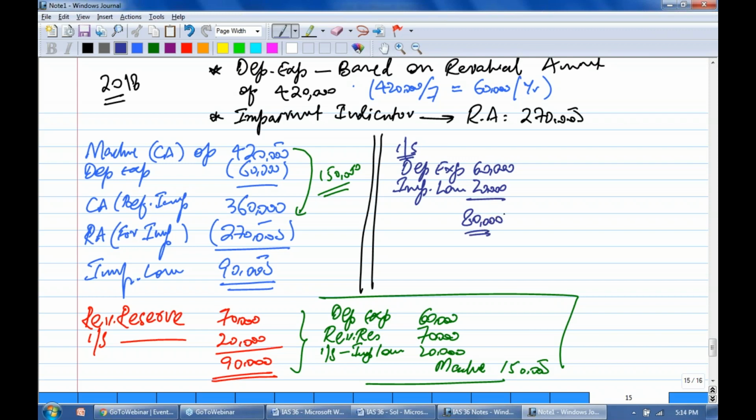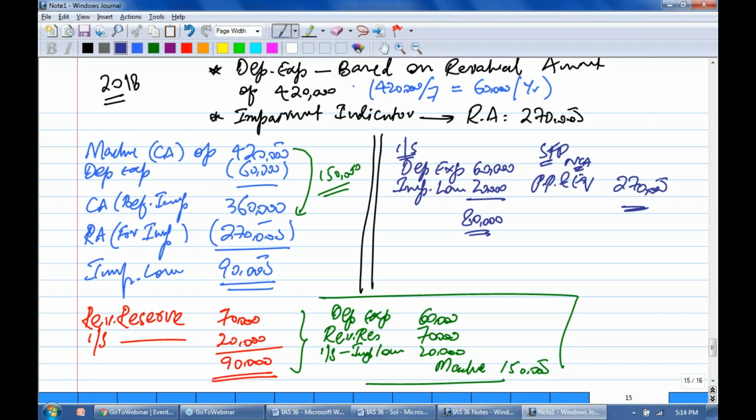Total amount 80,000. Statement of financial position, that is property, plant, equipment in the non-current asset, and that's equal to 270,000. This is what I'm working out for the basic F7 aspect. This is all F7 aspects.